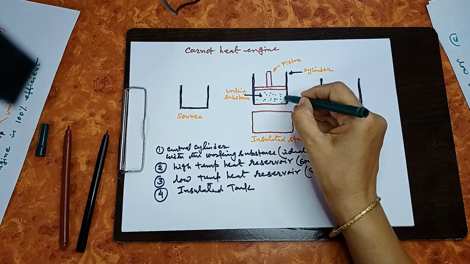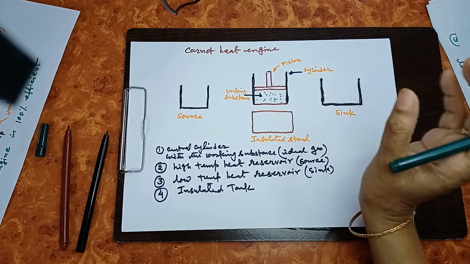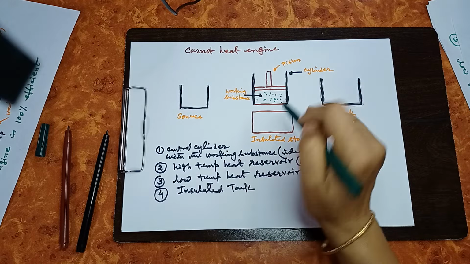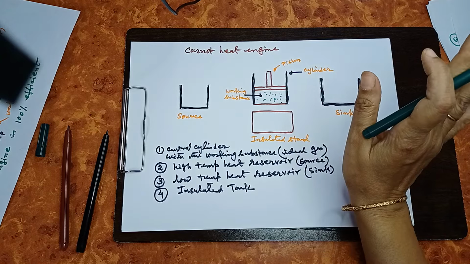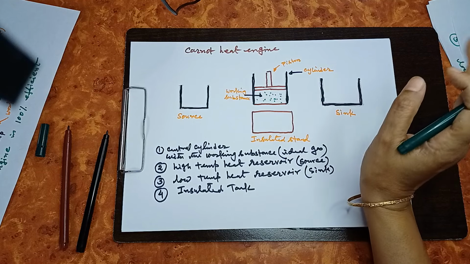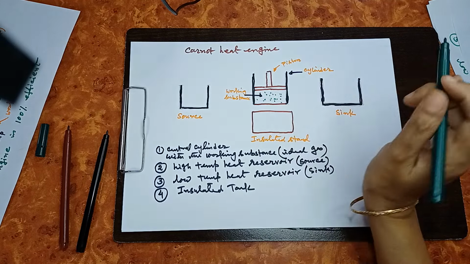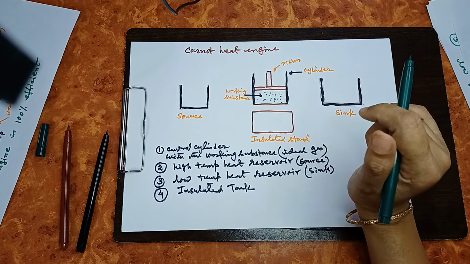So taking the working substance as ideal gas is not possible. Second point, this piston is frictionless. You cannot make a piston which is completely frictionless. That is also not possible.